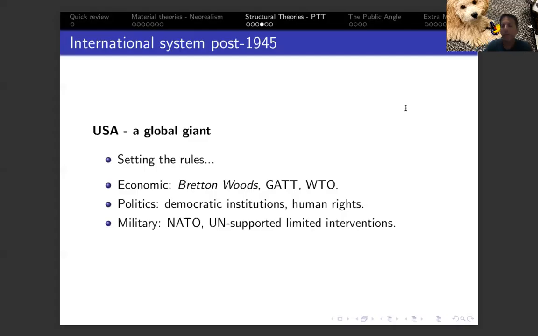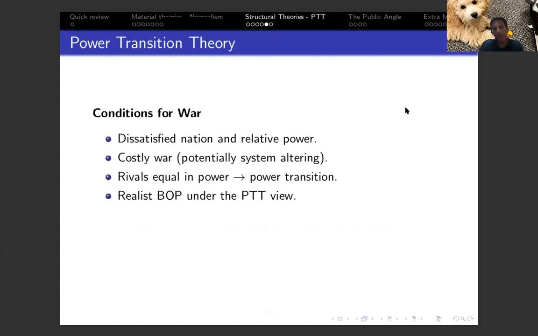Okay, let's talk a little bit more about the conditions for war based on power transition theory. So the idea again is the combination of the satisfaction or dissatisfaction along with relative power. So a dissatisfied nation, when it gains enough power to challenge the status quo, then a conflict is more likely. Since such conflict represents a challenge to the order of the international system, then of course the war is likely to be costly because it's potentially altering the system.